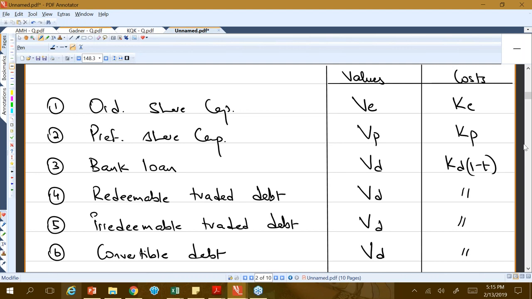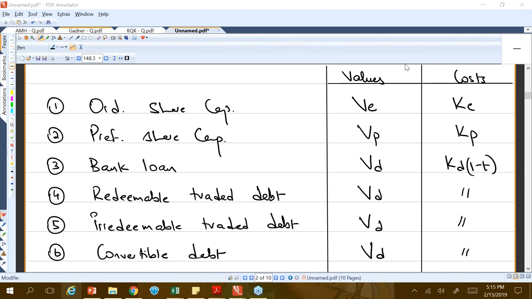Now, the sad part here is that the formula on the formula sheet for the WACC only shows 2 sources of finance, assuming that there is one type of equity and one type of debt. But it doesn't show you that the equity can be 2 types and the debt can be 4 types.